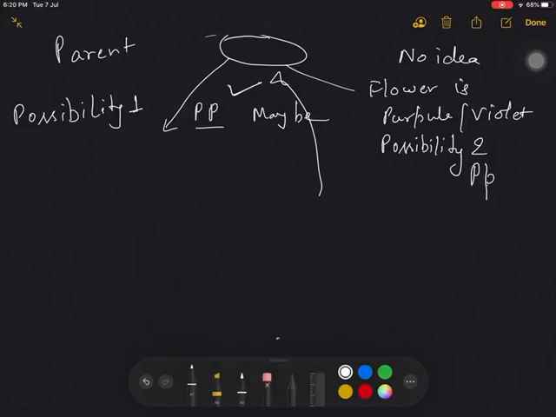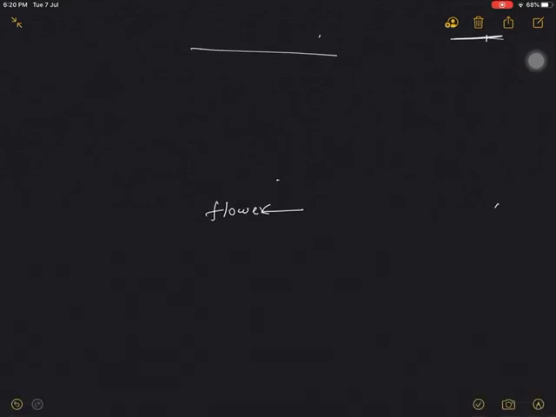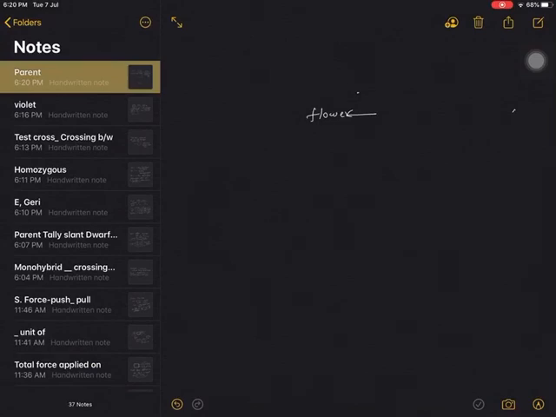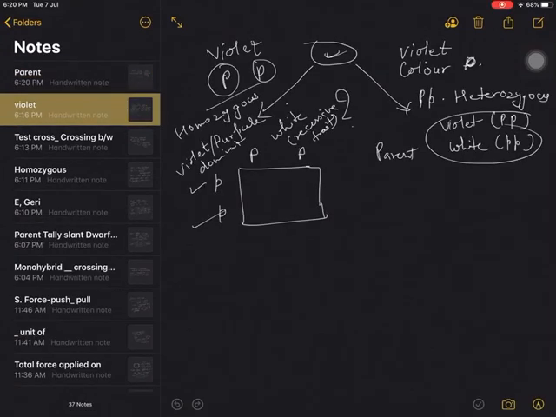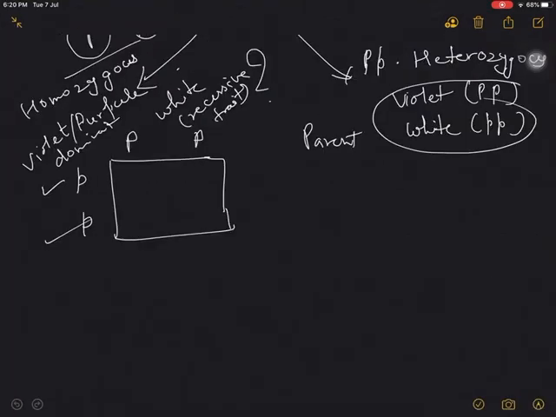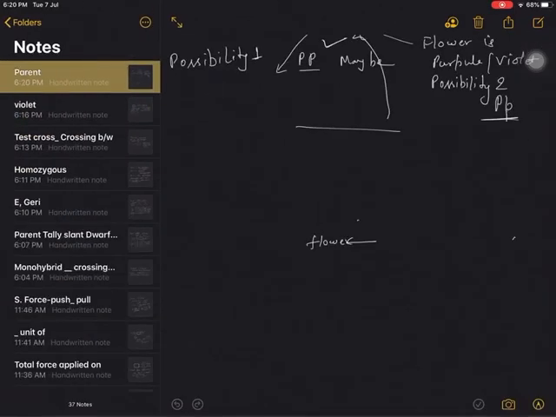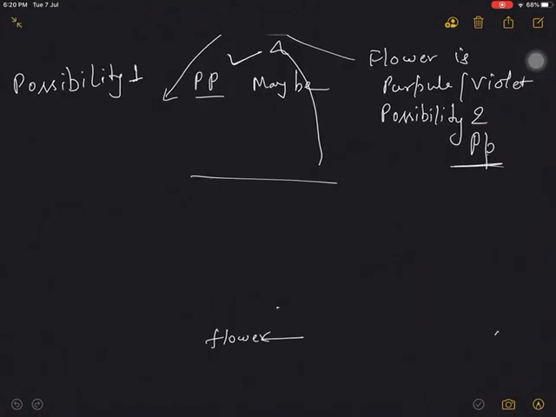In the next generation, if the plant is this, we have to arrange again.